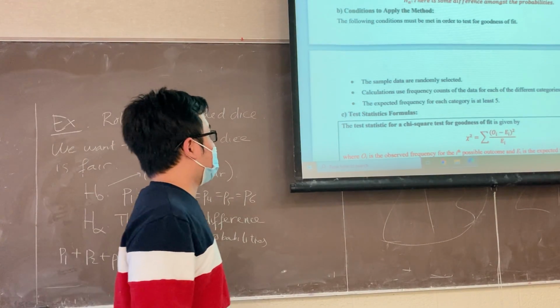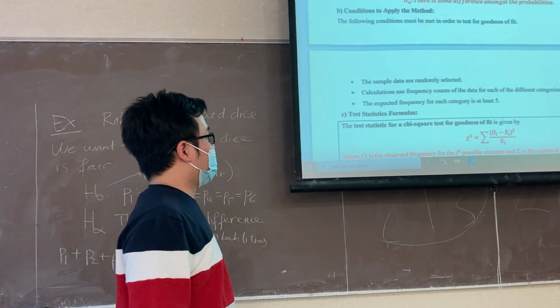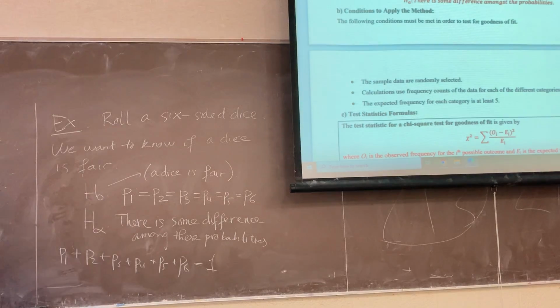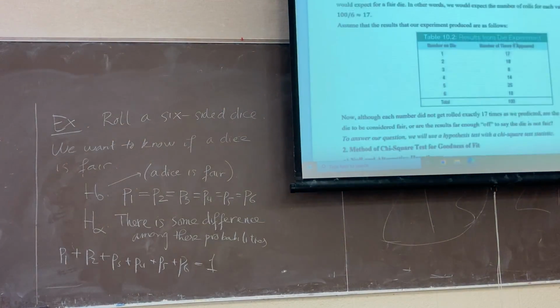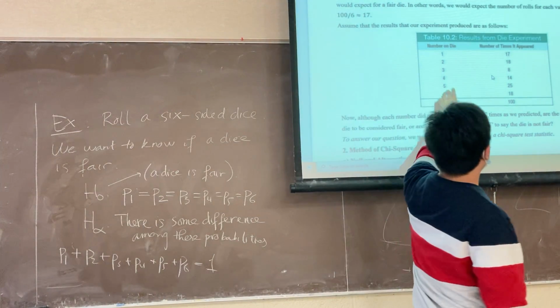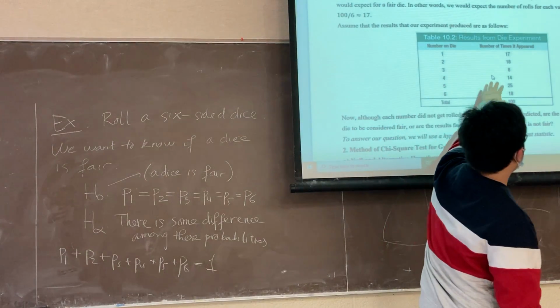Then you can look at this in chapter 3. And the second condition: the calculations use frequency counts of the data for each different category. Okay. What does it mean? As you can see in table 10.2, we count the frequencies. To get the value 1, to get the value 2, we use the frequency.